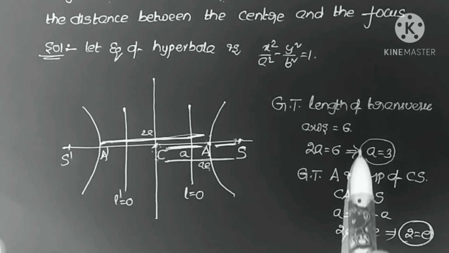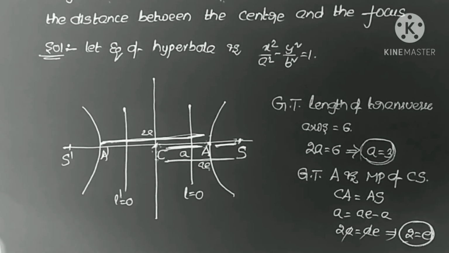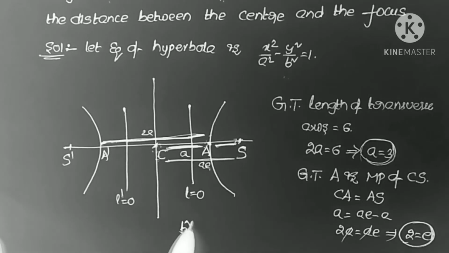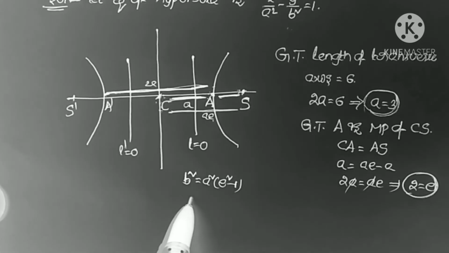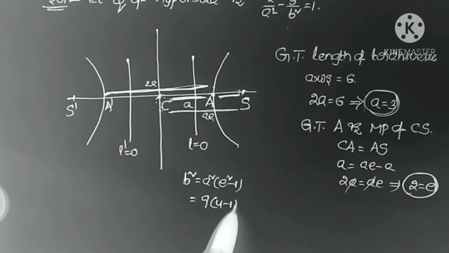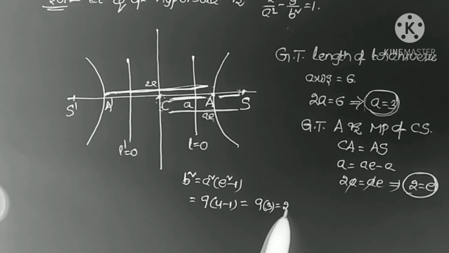Already here we have that a is equal to 3. Now it is enough to find the value of b. Now how do we find that value? By applying the formula b square is equal to a square into e square minus 1. That is a square 9 into e square minus 1, 4 minus 1, 9 into 3 equals 27.